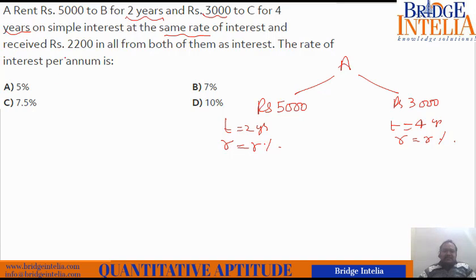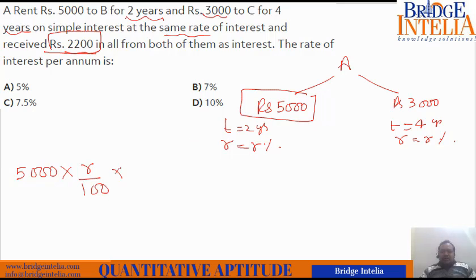And he received rupees 2200 in all from both of them as interest. So in total the interest he manages to earn is this much. What is the rate of interest per annum? So let's solve this. The interest earned from the first person: this is the principal amount, R% of this much for 2 years.